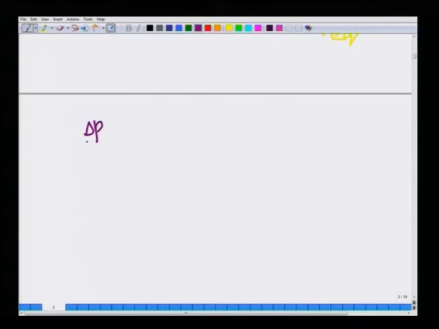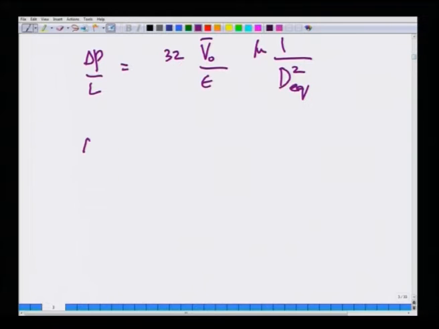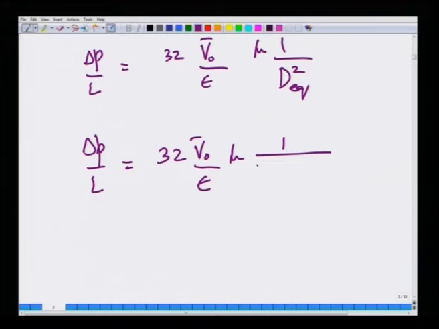So, delta P by L is 32, and instead of V we are going to write V naught by epsilon, times mu, times 1 by D equivalent squared. So, delta P by L is nothing but 32 V naught by epsilon mu times 1 over 4 by 9 phi s squared dP squared epsilon squared by 1 minus epsilon whole squared.